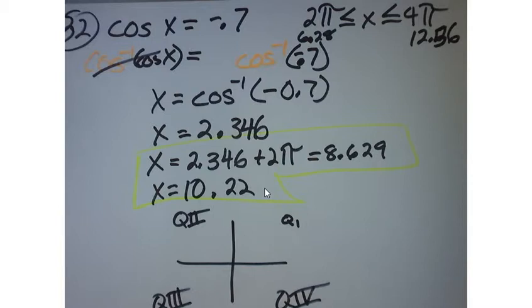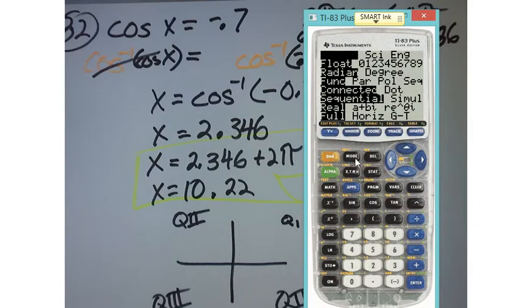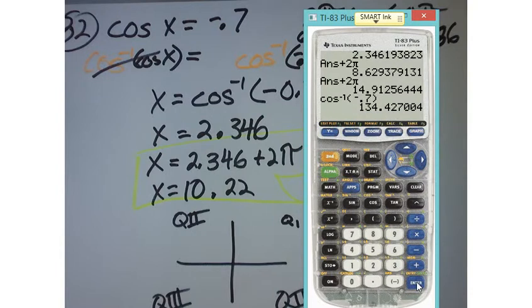Now that's not quite pi, but where would that live? What is that in degrees? Let's see. If I go to mode, change this down to degrees, and then hit arc cos of negative 0.7, it's 134 degrees.